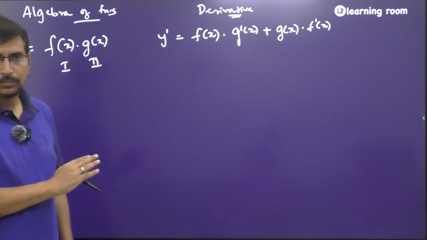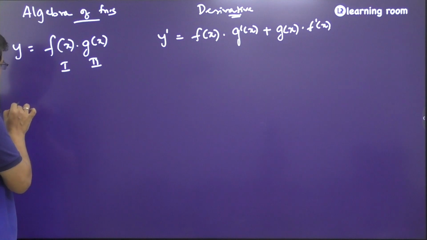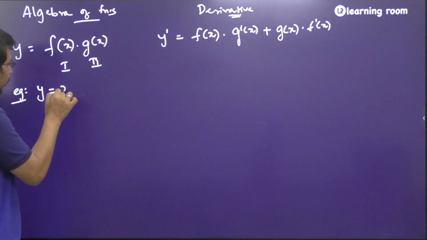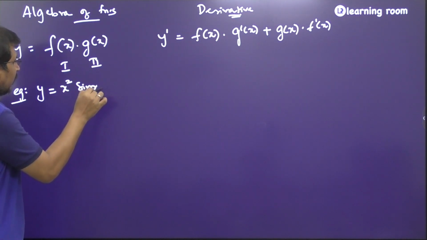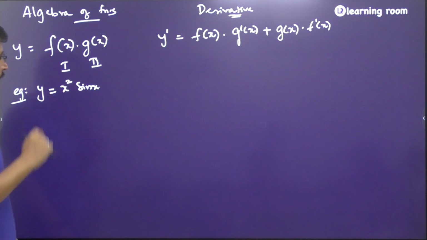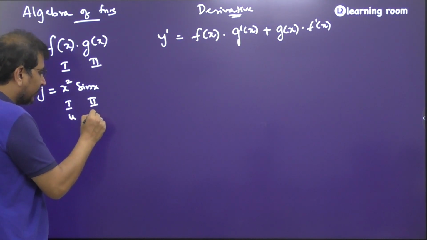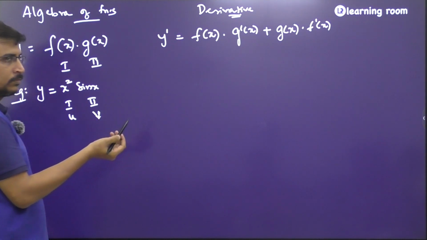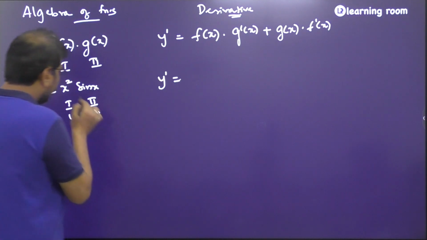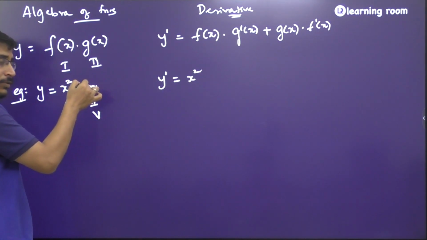Am I clear with this? Okay. If I take an example, for example, y is equal to x square sin x, I'm using the same combination of functions. This is first, this is second, or if you have learned it as u and v, you can take this also. So y dash will be first function into derivative of second function.